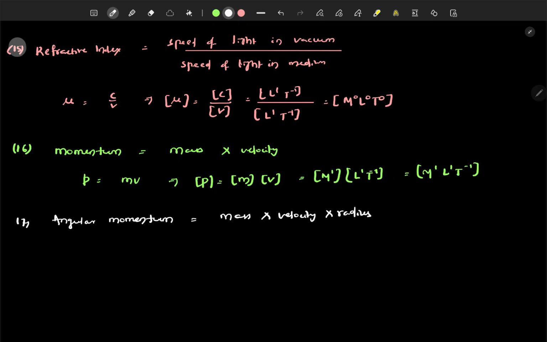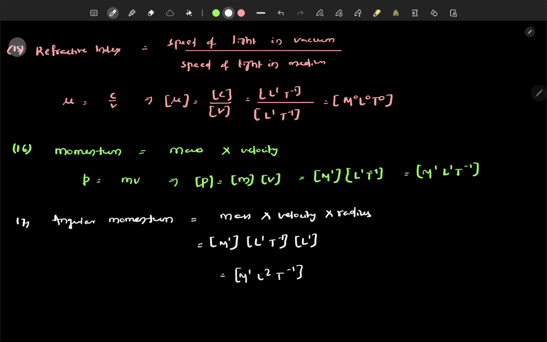Your duty is to find the dimension only. So mass dimension is M1 and velocity will be L1 T minus 1 and radius is L1. So the answer will be M1 L2 T power minus 1.